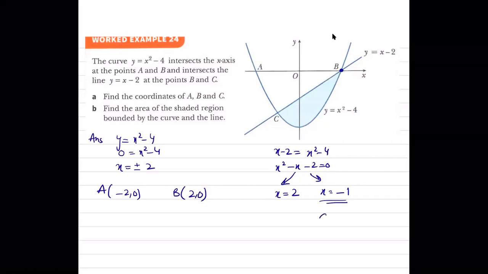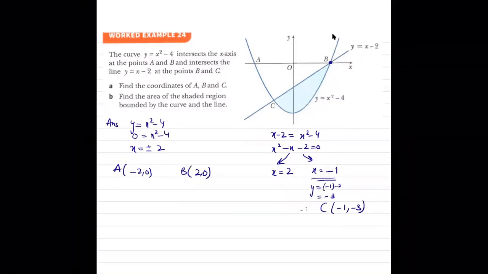So obviously C is going to be minus 1 comma something. Let's check out the y value when x is minus 1. When x is minus 1, y will be equal to x minus 2, that is minus 1 minus 2, hence minus 3. Therefore, C coordinates are minus 1 comma minus 3.